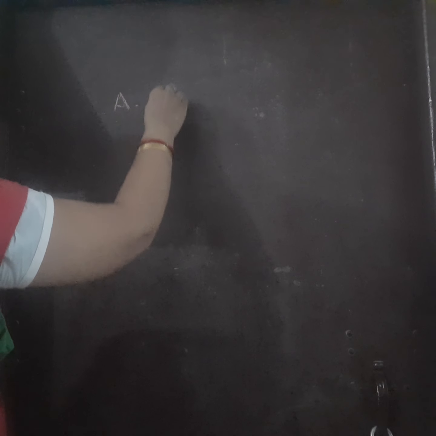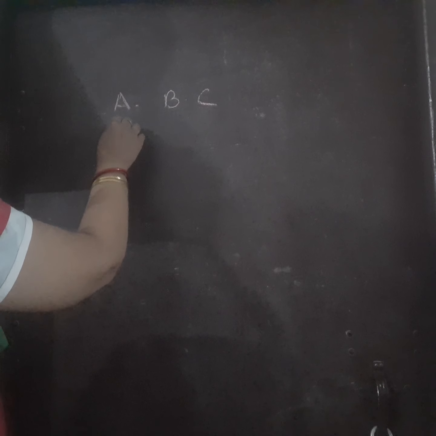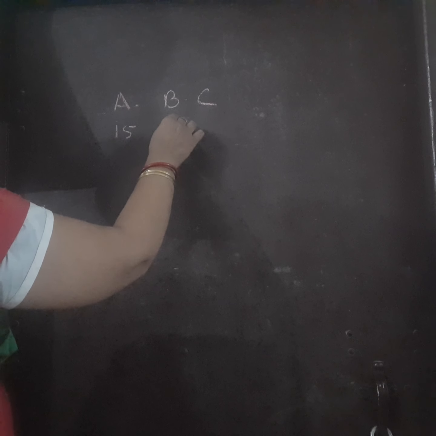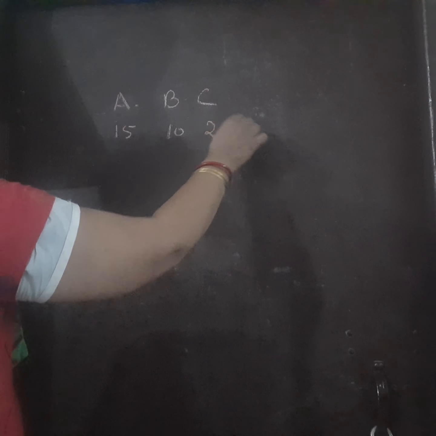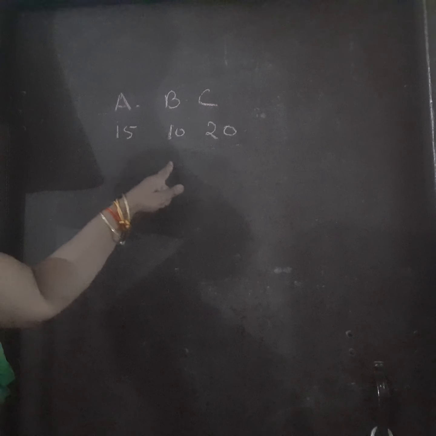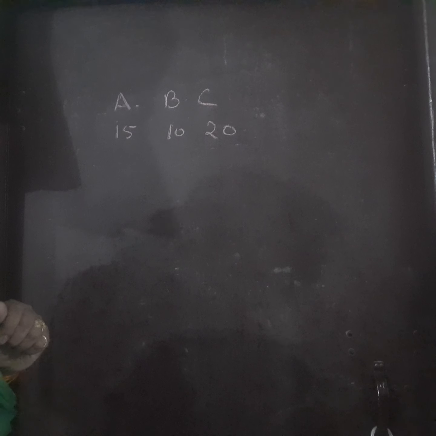Like if I ask 3 students how many marks did you get in your periodic test out of 20, and the students are A, B and C, these are 3 students, A got 15 marks, B got 10 marks and C got 20 marks. So this is the raw data that I have taken from 3 students.